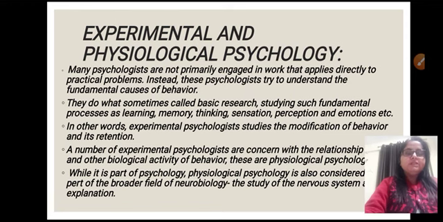And in experimental and physiological psychology, we are going to study the fundamental processes of human behavior, and for that we are going to conduct a direct experiment in the lab. We are going to do some research, and to understand human body and mind in a better way, we are going to conduct direct experiments.